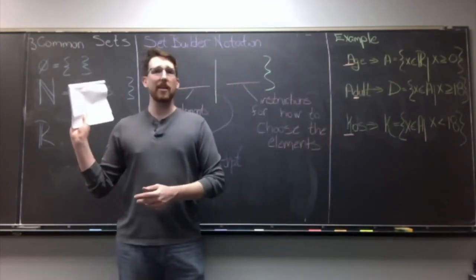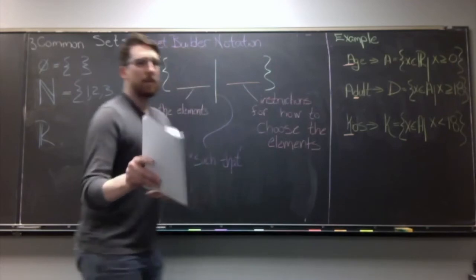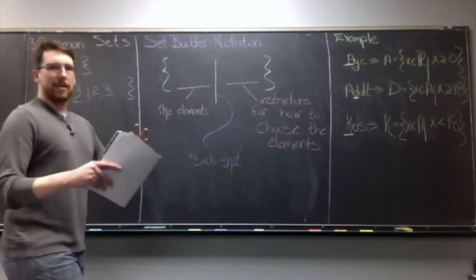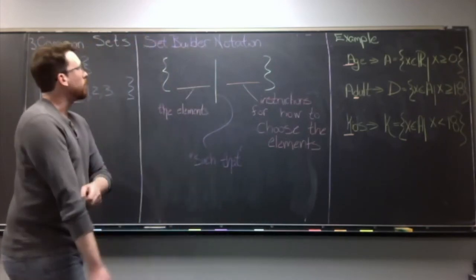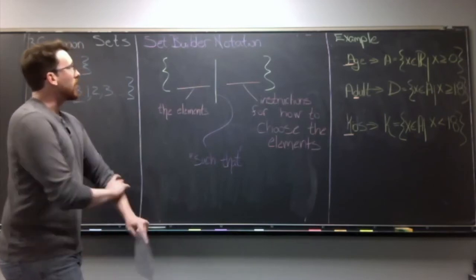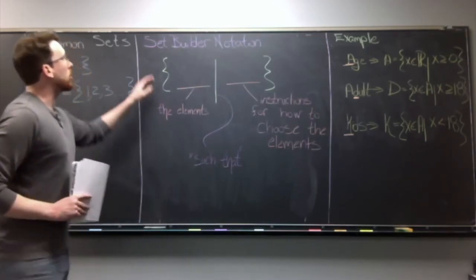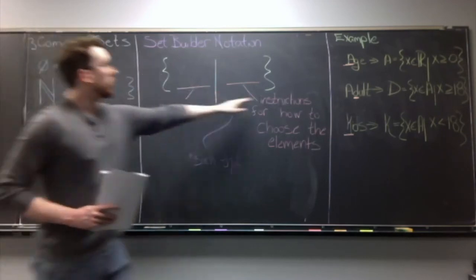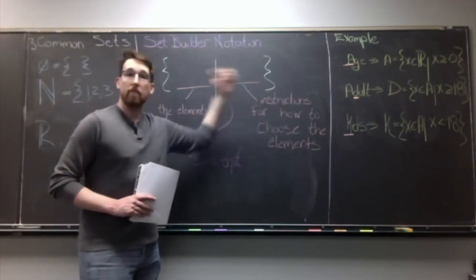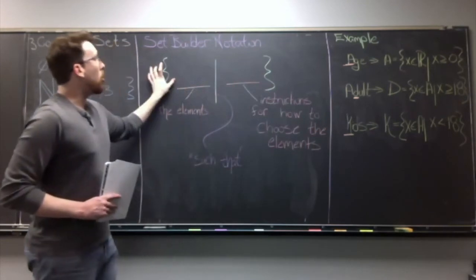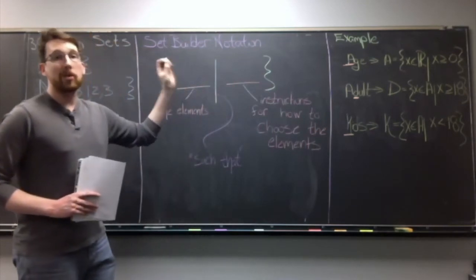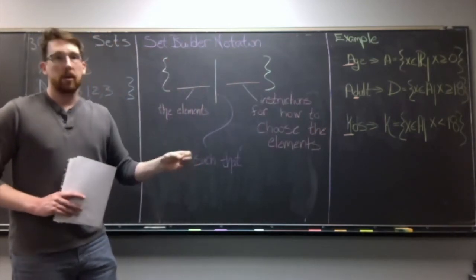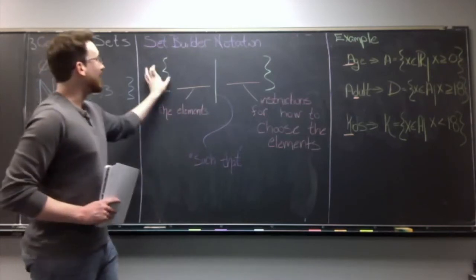Having said that, let's start talking about how to actually write sets and, quote, build sets. To write a set, we oftentimes use what's called set builder notation. As you can see, we have these traditional curly brackets, just like I said previously. We will always use curly brackets to denote sets.